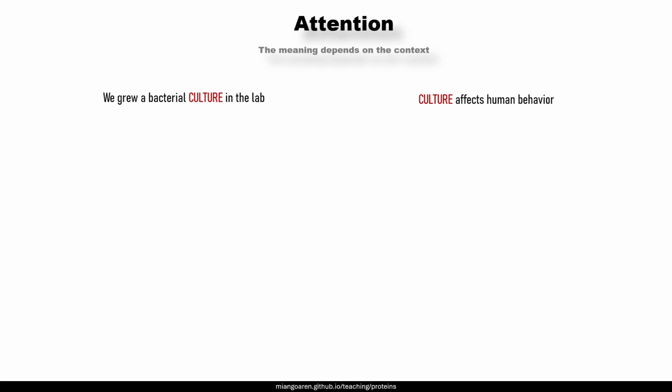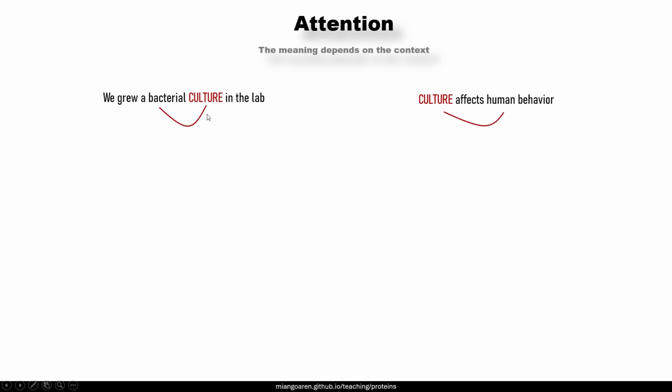In the first sentence, we are talking about bacterial cultures, bacteria and laboratories. And in the other example, we are talking about culture, the relationships between people, the context in which they were born, their language. Obviously culture, although it is one word, means completely different things due to the context of all the other words included within the phrase.